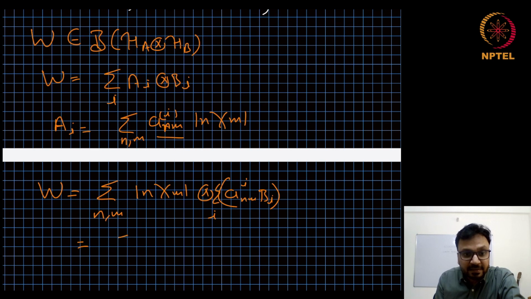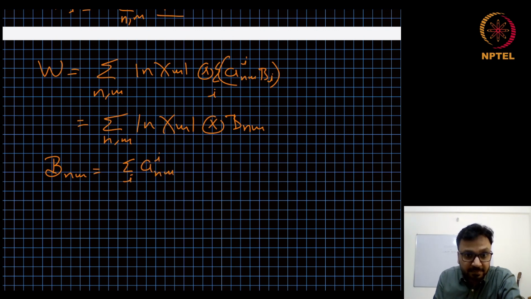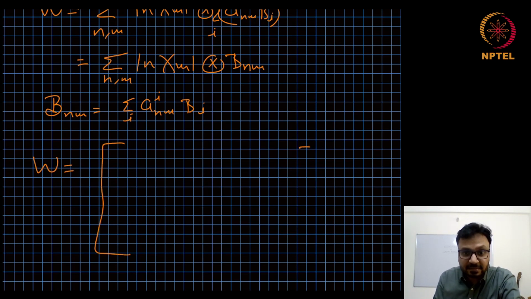So we can write it as sum over nm of |n><m| tensor B_nm, where B_nm is an operator acting on Hilbert space B. B_nm is nothing but sum over i of a_i,nm B_i. So what is the advantage of this? It means we can write W as a matrix of matrices.